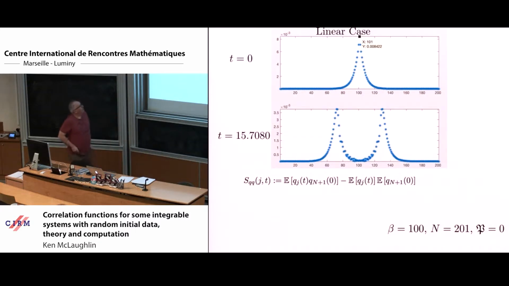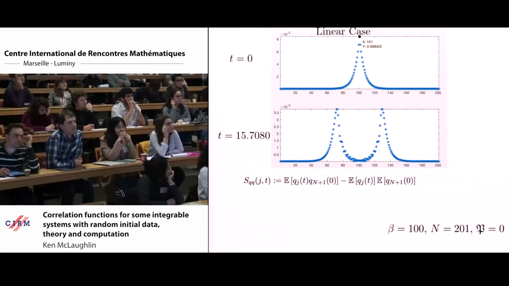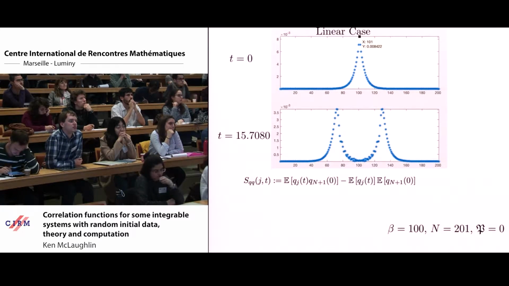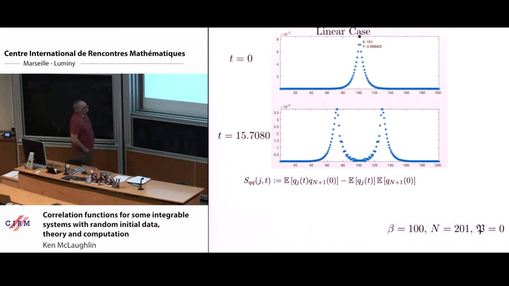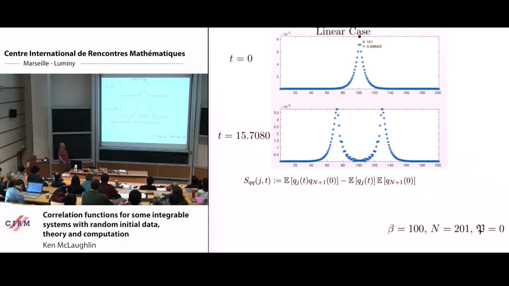So here is a plot of the position correlation function at time 0 in the linear case, and also at time 5 pi, okay? And what you see is that at time 0, there is a locally concentrated function.